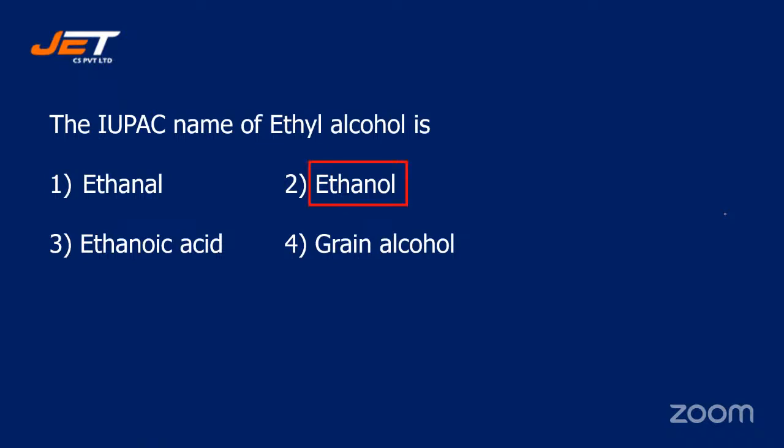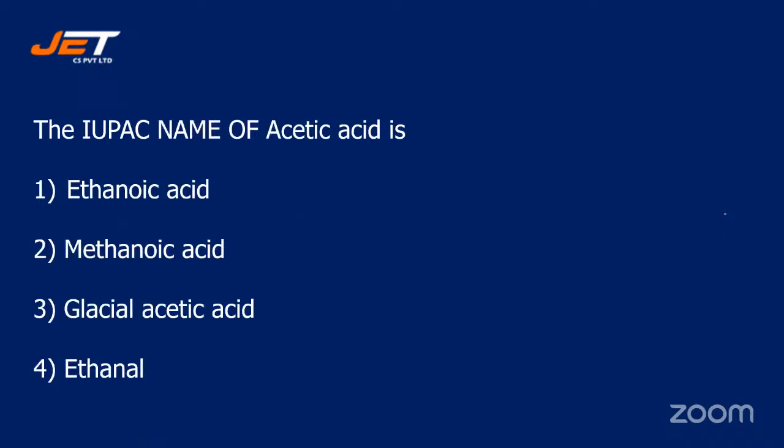Excellent students. Everyone has written the correct answer. Next question. IUPAC name of acetic acid is, and your options are ethanoic acid, option number two, methanoic acid, option number three, glacial acetic acid, or option number four, ethanol.